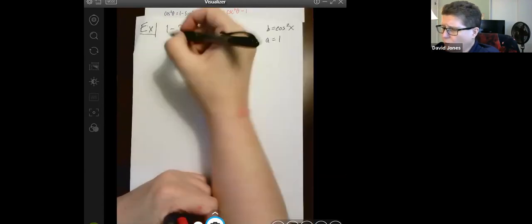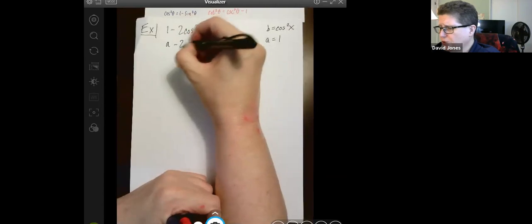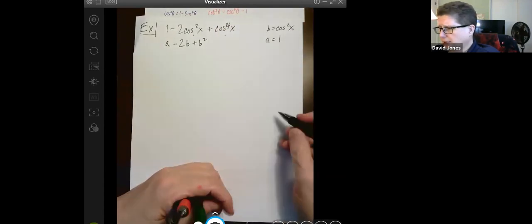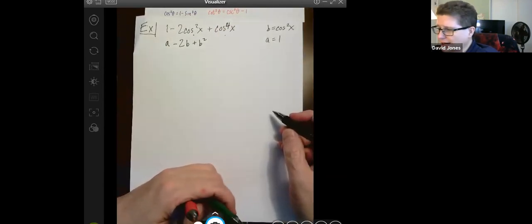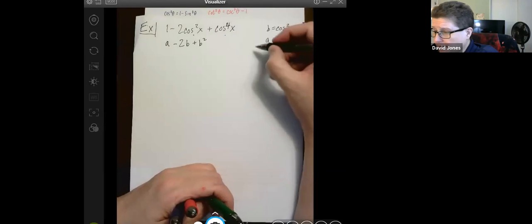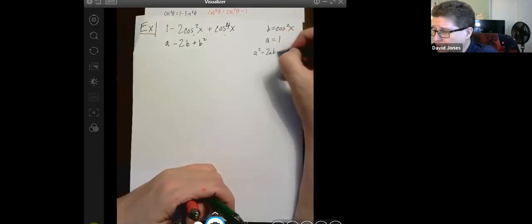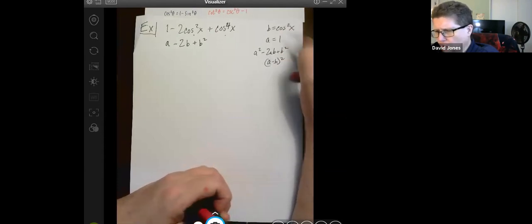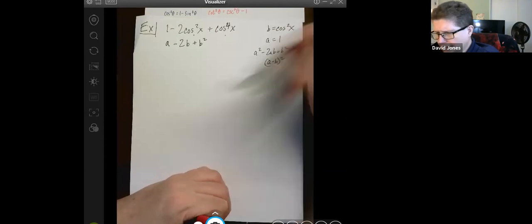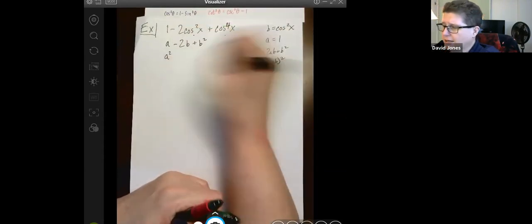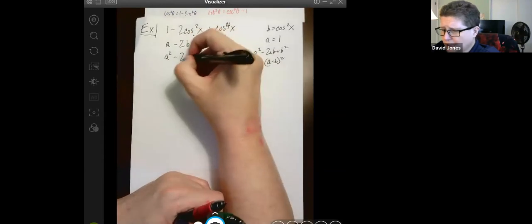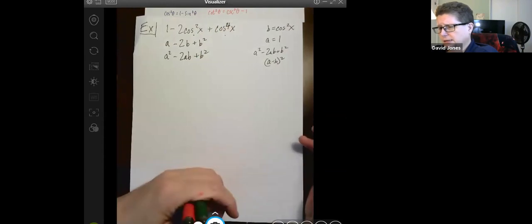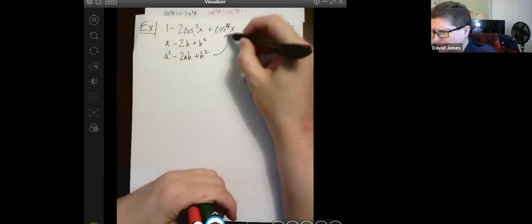So I've got a, which is 1, minus 2b plus b squared. Now I'm really close to one of those algebra identities. A squared minus 2ab plus b squared was a minus b squared, right? Well, isn't a just 1? Can't I multiply a by a and not change it since it's 1, and multiply 2b by a and have it be the same?